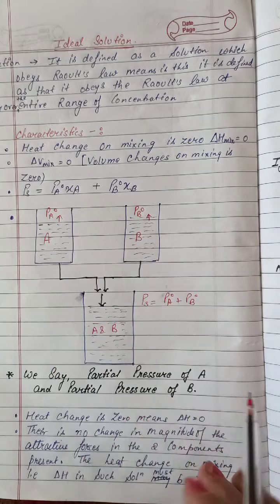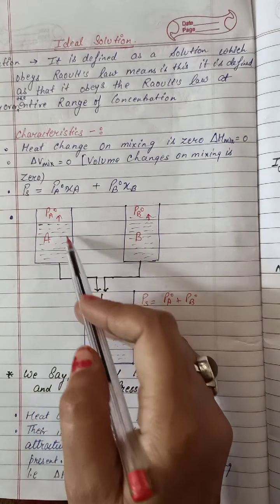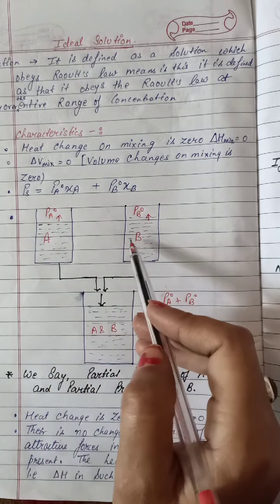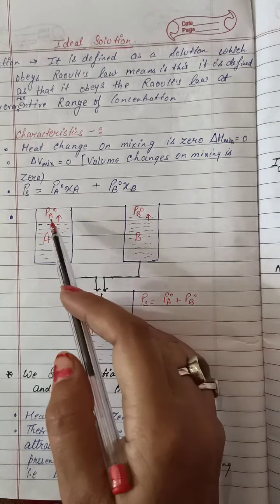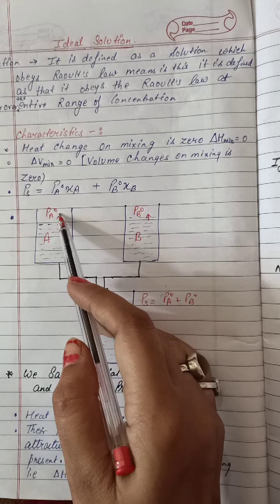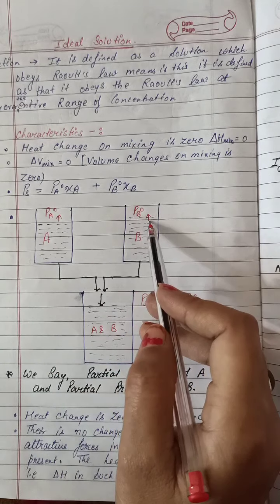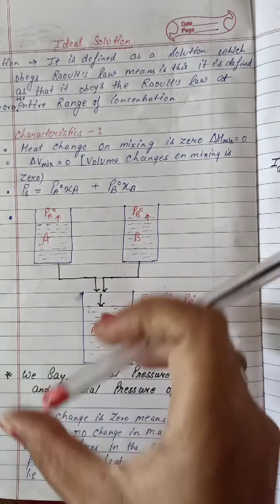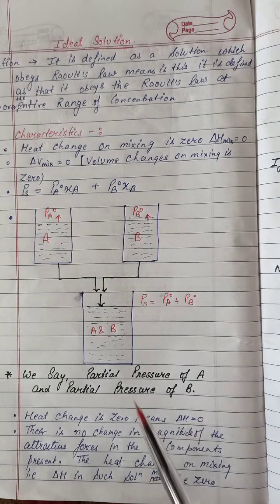Now I have made two beakers. In those beakers I have filled water. One I have named A, the second I have named B. So it is said to be PA naught, next is PB naught. When both the solutions are joined together in a single beaker, what will happen?